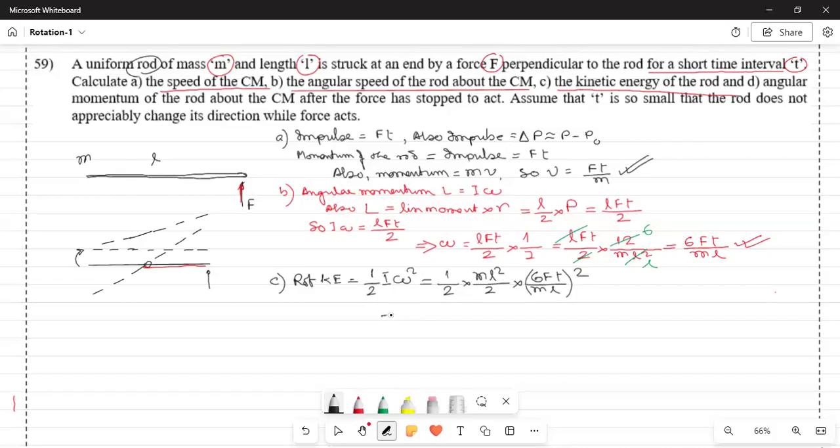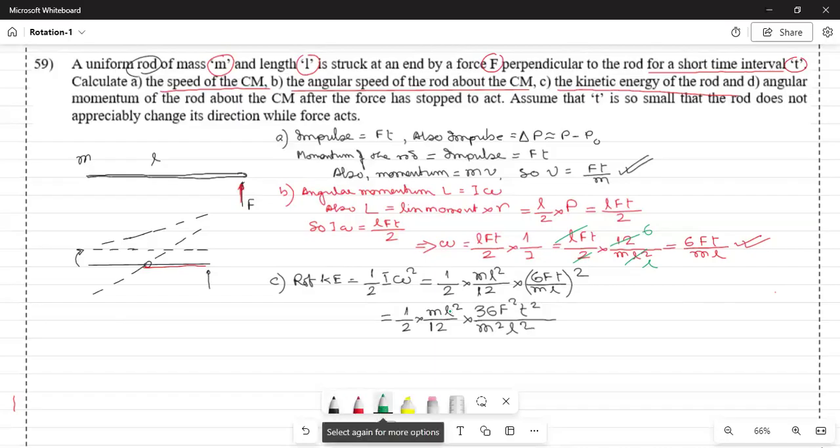This is equal to half multiplied by ml square by 12. Sorry, this is not ml square by 2. Extremely sorry, this is ml square by 12, multiplied by 36 F square t square divided by m square L square.